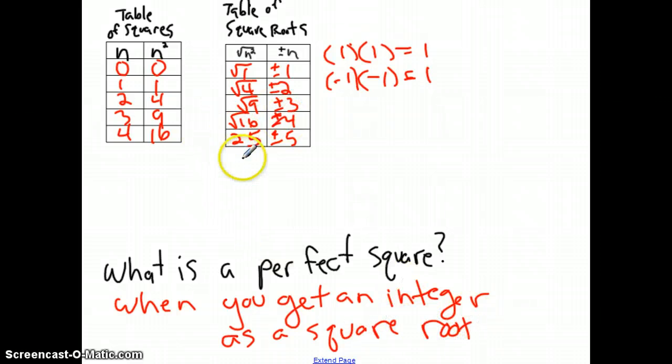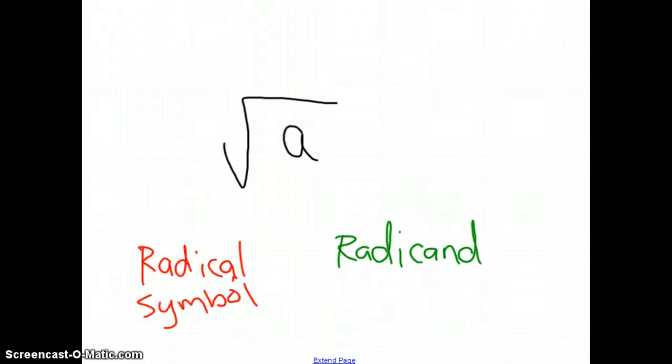And these are all, like I said, rational numbers. If we look at this symbol right here, this is what we call the radical symbol. Anything inside of the radical symbol is what we call the radicand.